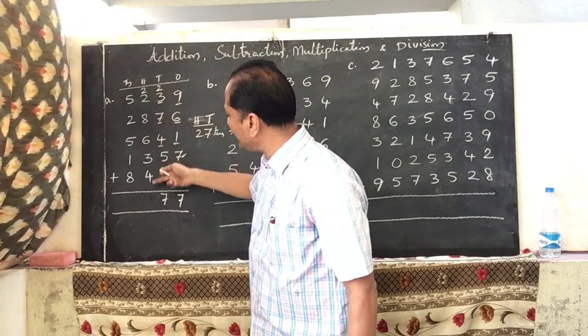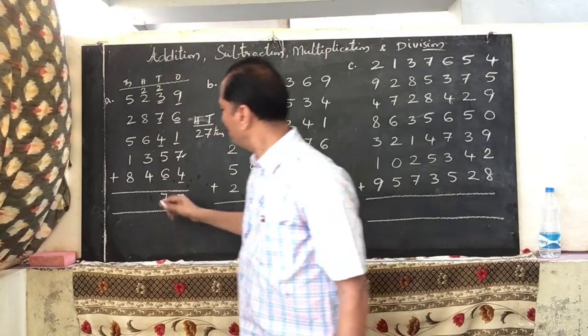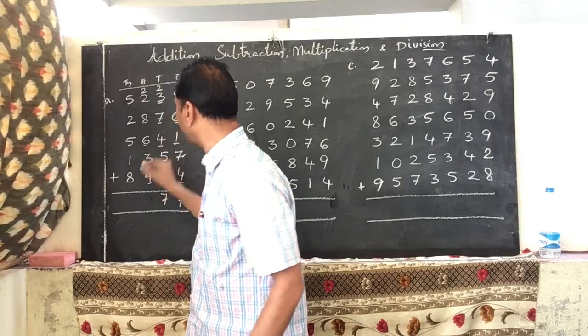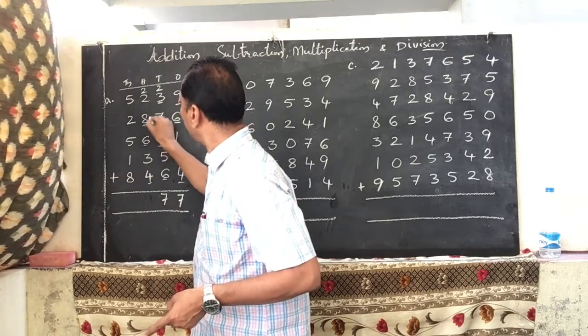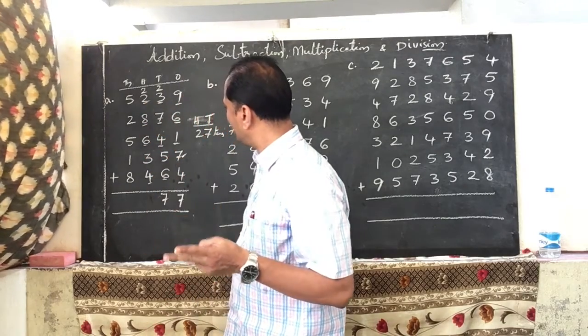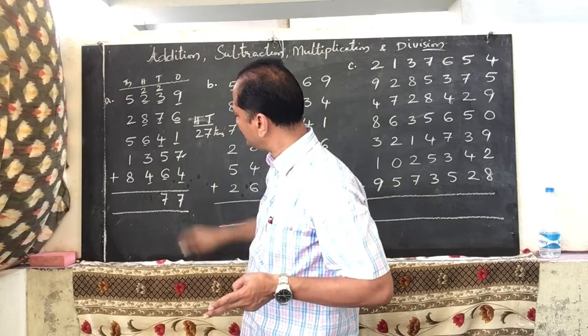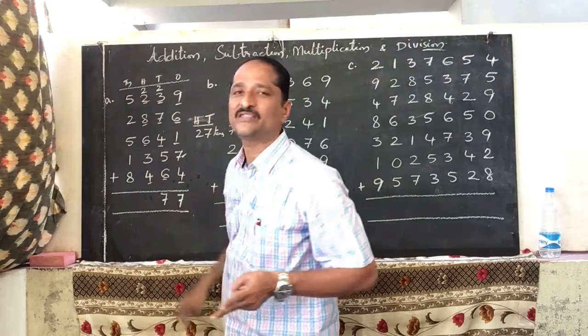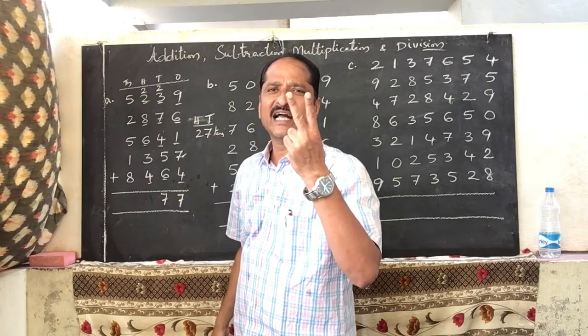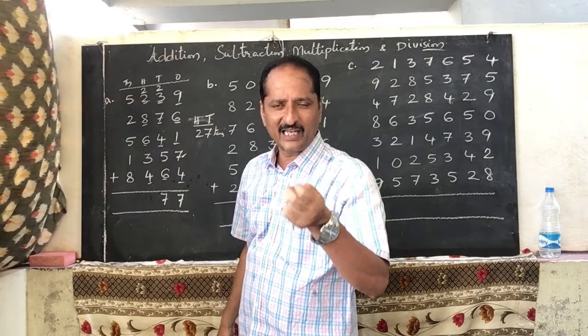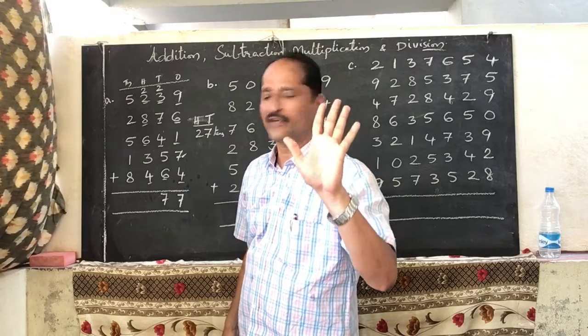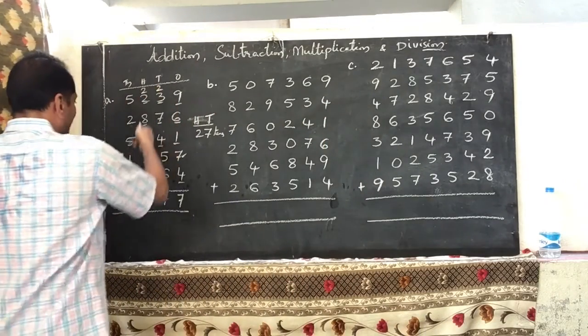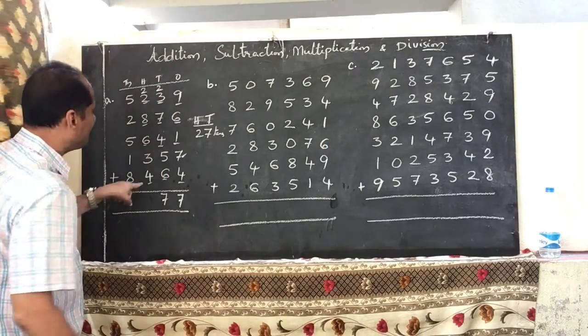Here also, is there any 10 you can find? 4 plus 6, 10. 8 plus 2, another 10. Again, what are the remaining digits? 3 and 2. 3 plus 2 is 5. 2 tens, 20, and 5 is 25.